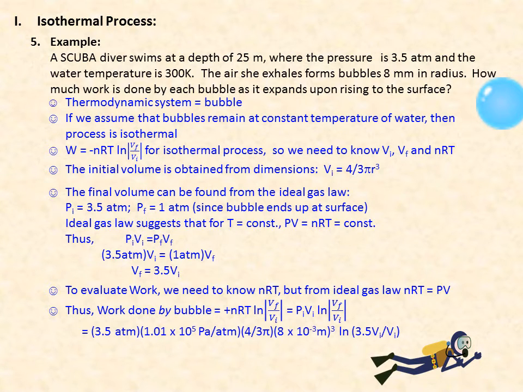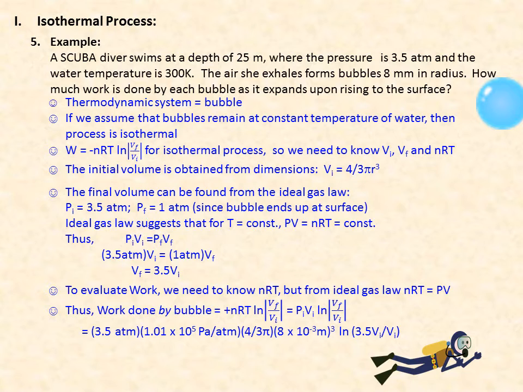And at this point, it's simply a matter of plugging in our numbers. Okay, the initial pressure, 3.5 atmospheres, we'll convert that to SI units. So we use the conversion factor. There's 1.01 times 10 to the 5th pascals in an atmosphere, an SI unit. Okay, and the initial volume, 4/3 pi times the radius cubed.